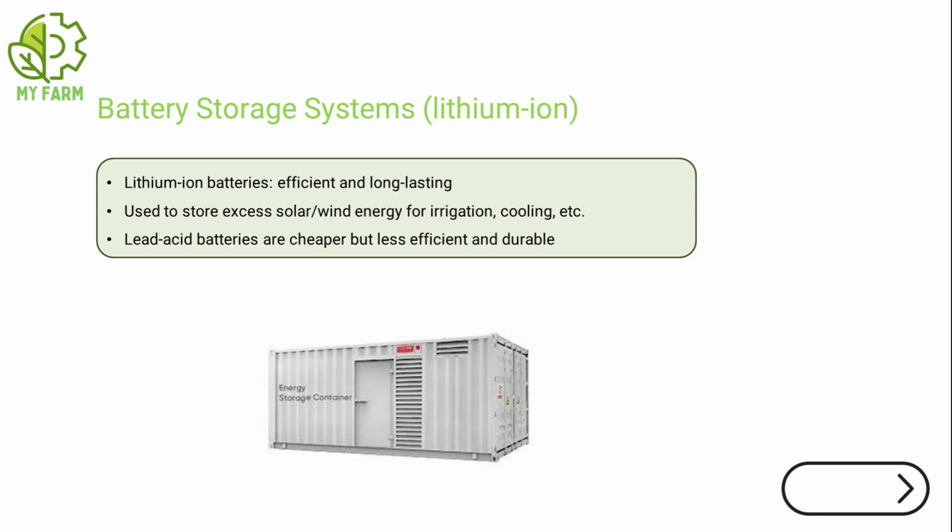Ultimately, batteries form the heart of a renewable-powered farm. They bridge the gap between energy generation and consumption, turning unpredictable solar or wind energy into a stable, dependable resource, helping agriculture move toward a cleaner and more resilient future.